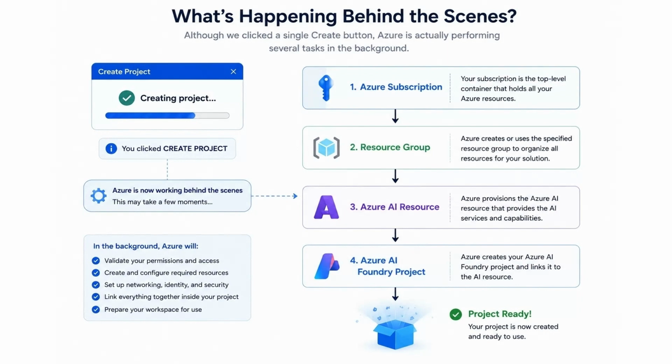Now we understand the architecture, it's time to build it. So the very first thing we need to do is to create a project, which is also called a home in Azure Foundry. So let's proceed to our Google browser. ai.azure.com. So this is my Google browser.